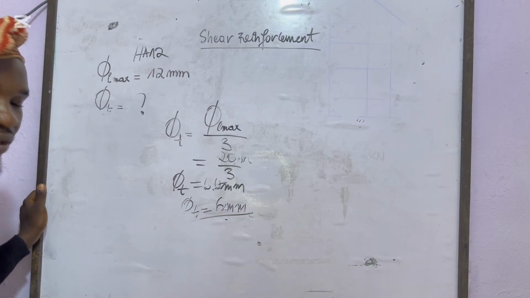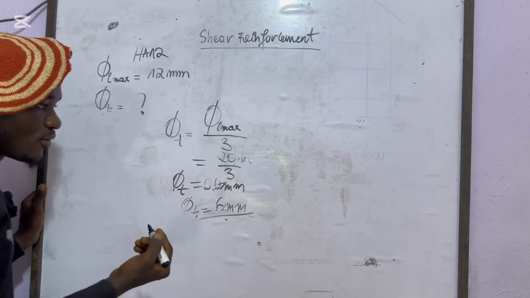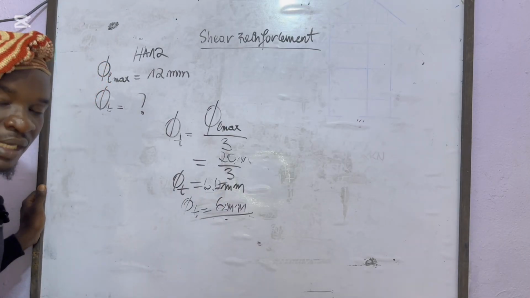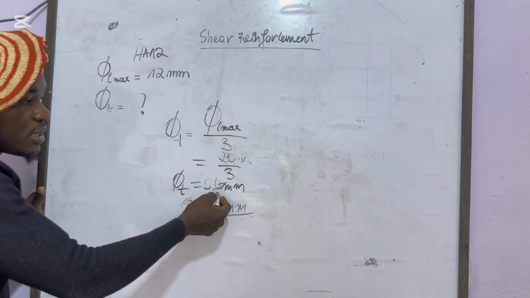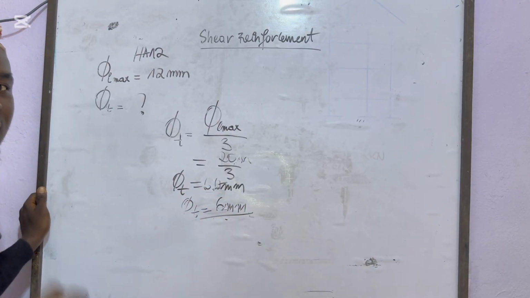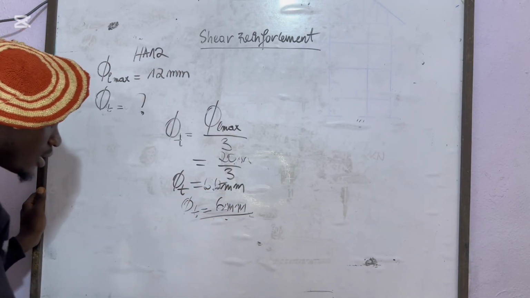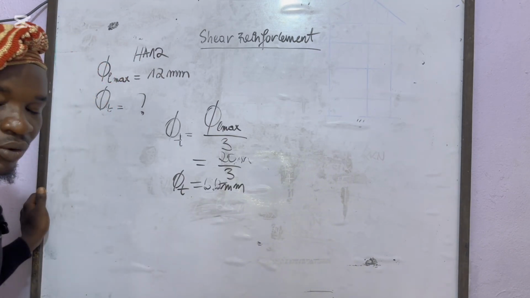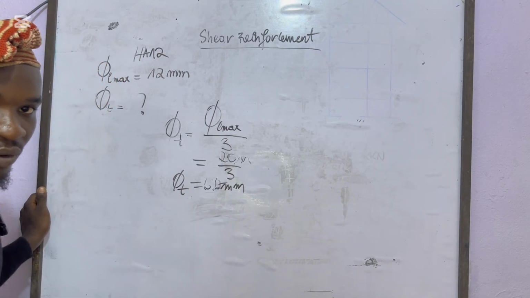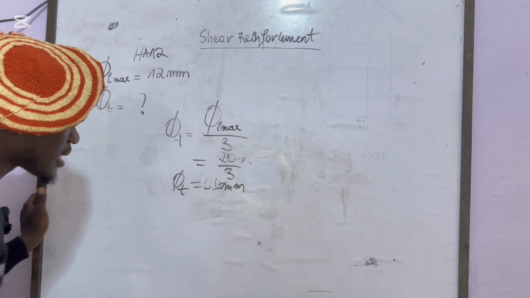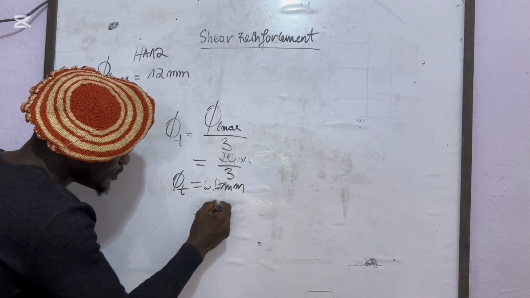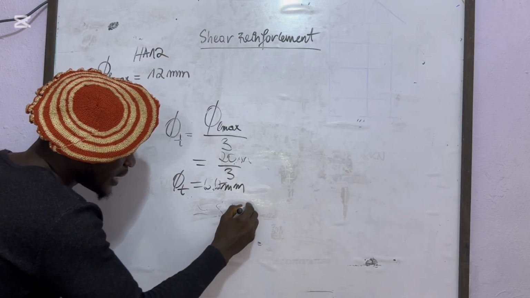You understand that you cannot work with a diameter of 6 millimeter in this scenario, simply because the exact value obtained here is greater than the 6 millimeter. So you would again take the closest commercial value to your answer, which in this scenario will simply be equal to 8 millimeter of diameter.